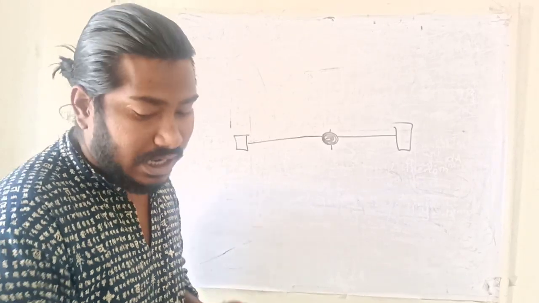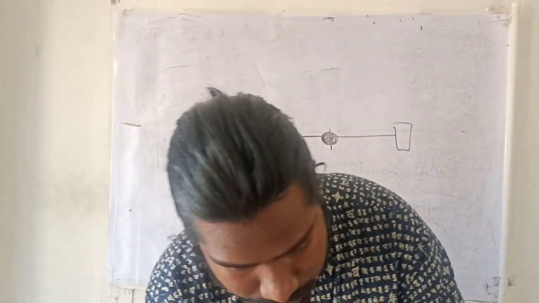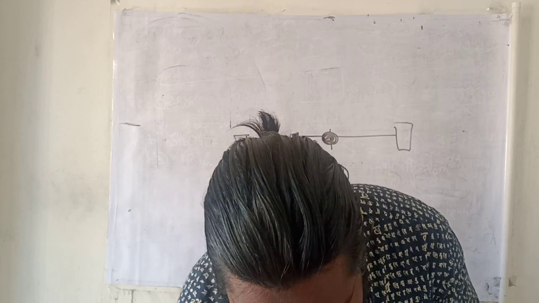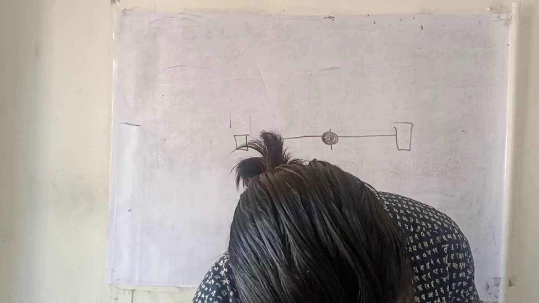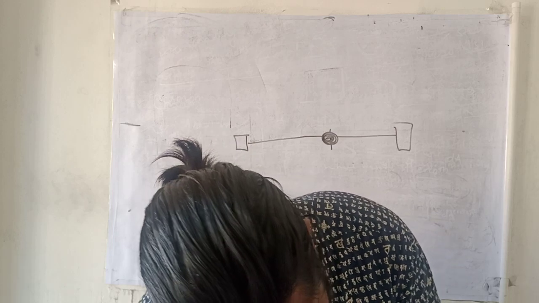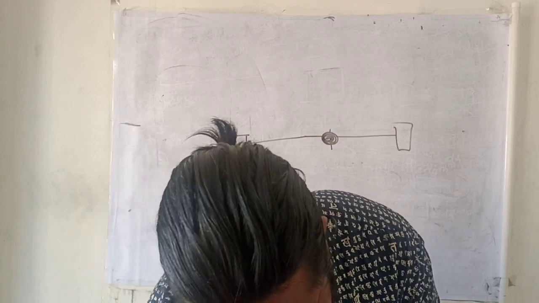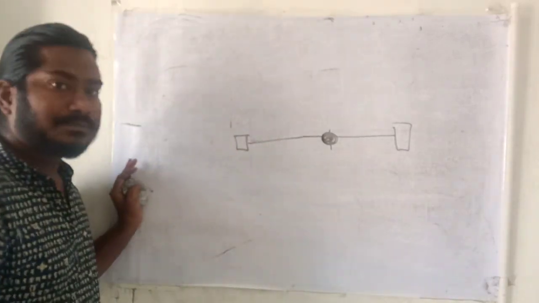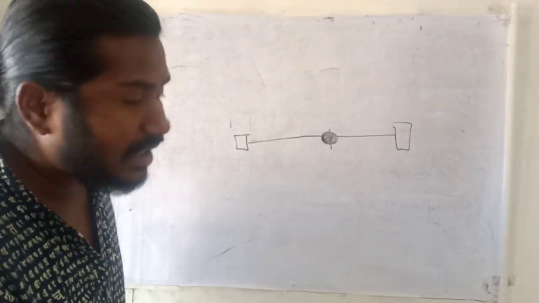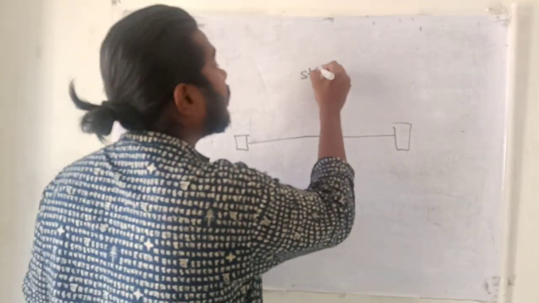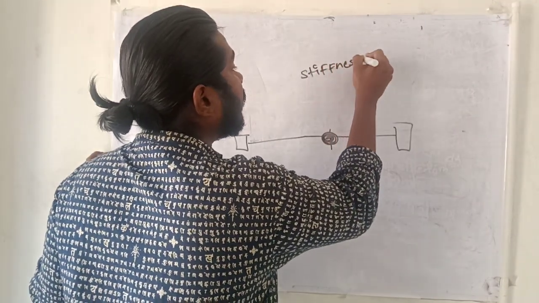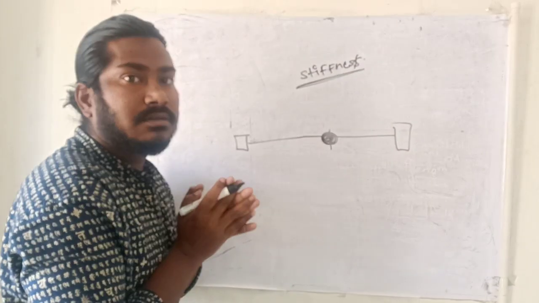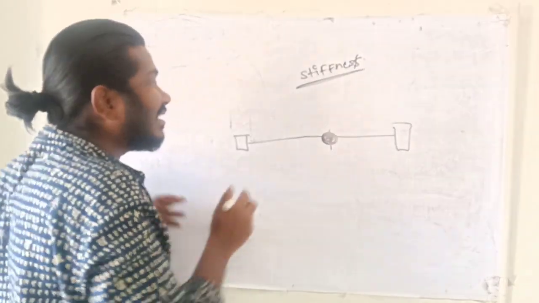So area moment of inertia, right? Area moment of inertia basically defines your stiffness of the object, its resistance to deformation, or I could say to the strain.